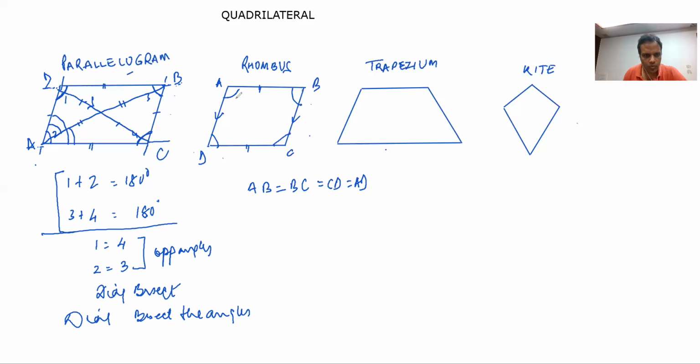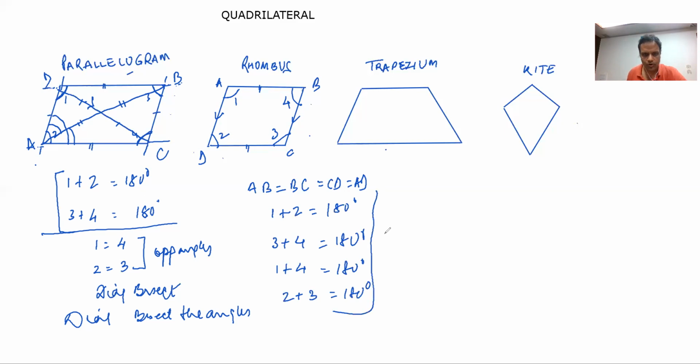Now listen to me, 1, 2, 3, and 4. So 1 plus 2 is equal to 180. 3 plus 4 is equal to 180. Interesting, 1 plus 4 is equal to 180, and 2 plus 3 is also equal to 180.